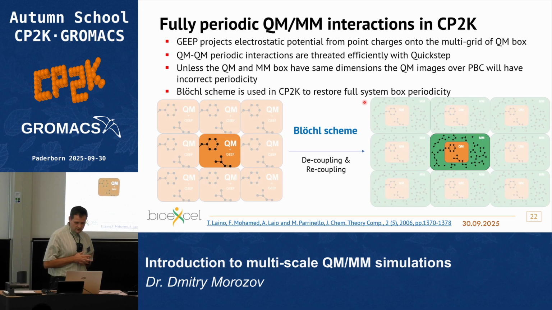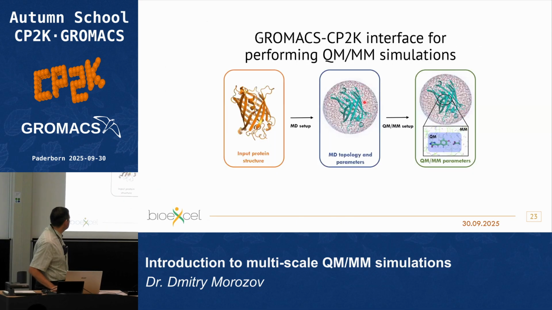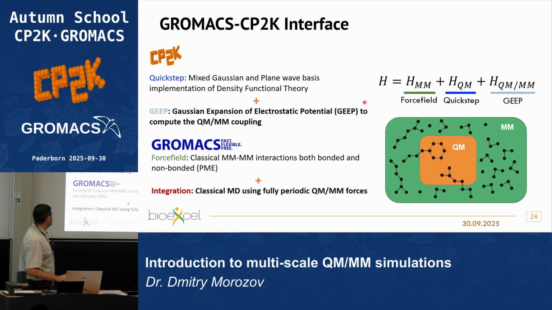And the next section will be about the GROMACS CP2K interface. So how to combine a GROMACS MM force field and MM simulation with CP2K and QM. As I already said, we have CP2K, which can use Quickstep with the mixed Gaussian and plane waves approach as a density functional theory, and GEEP as the QM/MM coupling.